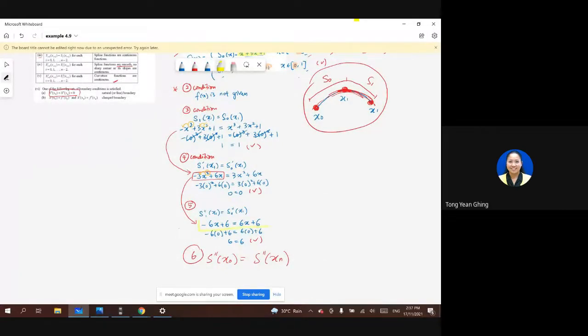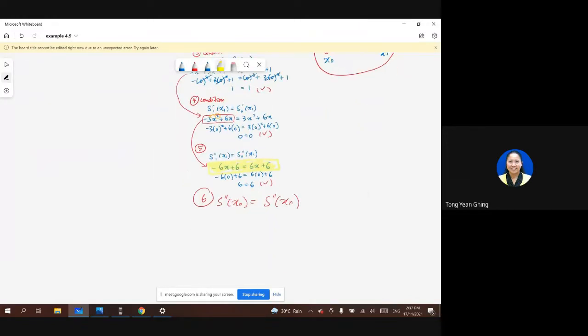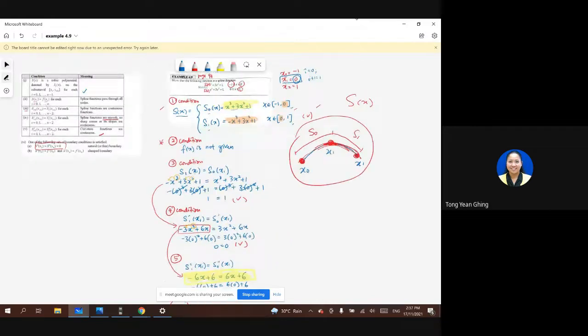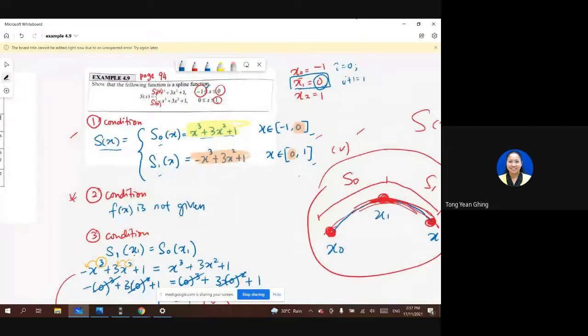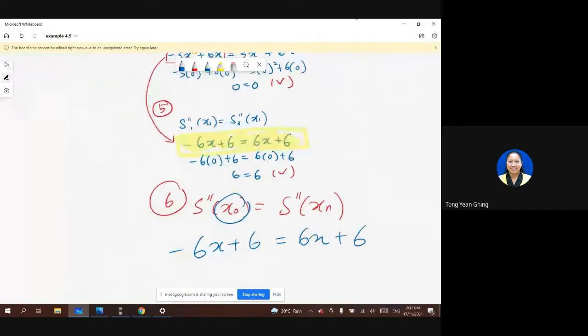Let's take back this equation. Let's type back these equations. Negative 6x plus 6 equal to 6x plus 6. So x naught is negative 1. Ni. x naught is negative 1. xn or x2 is 1. Negative 1 dengan 1. So masukkan.